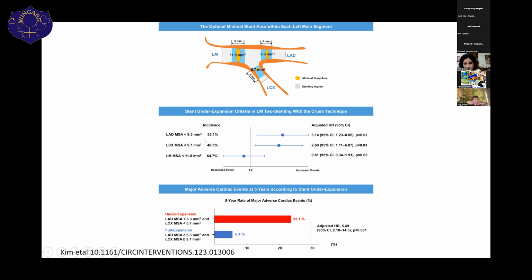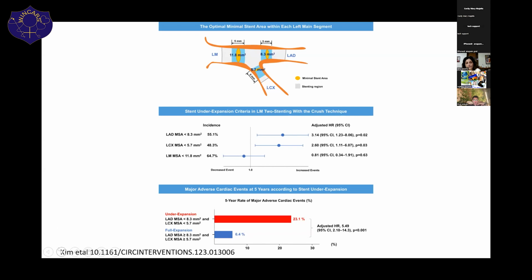About 55% have an LAD MSA less than 8.3 and a left main MSA less than 11.8, about 65%. If you have an LAD MSA less than 8.3 and a left main MSA less than 5.7, look at the MACE. It is 5.5 times higher than if you achieve these areas.